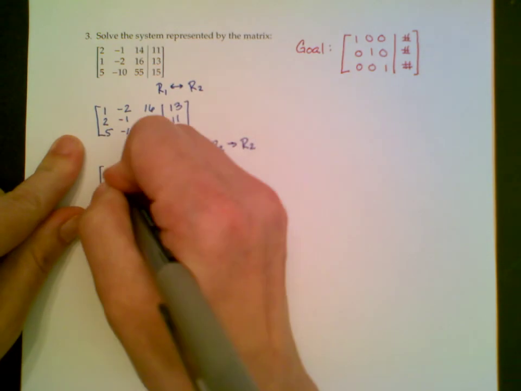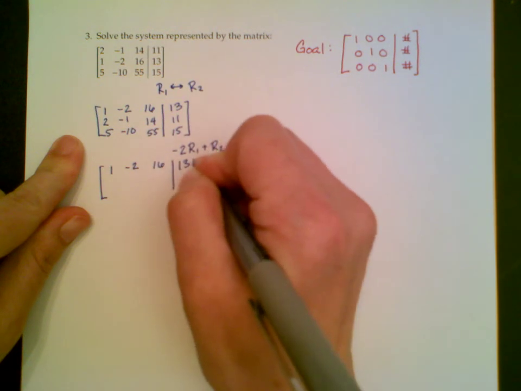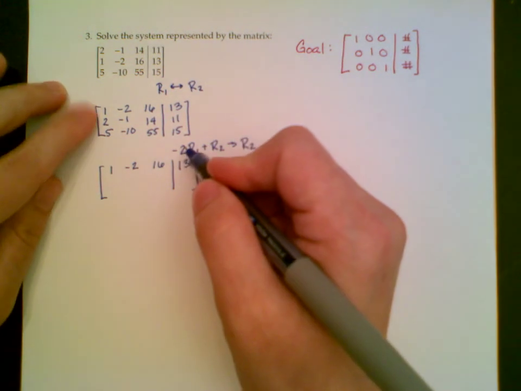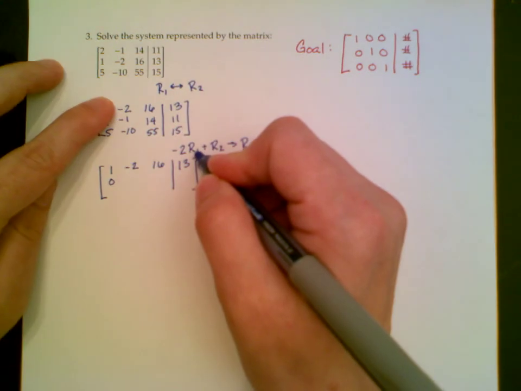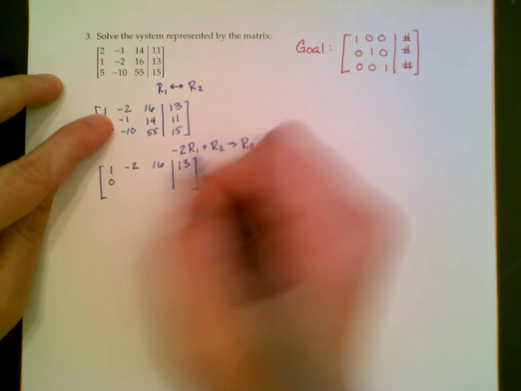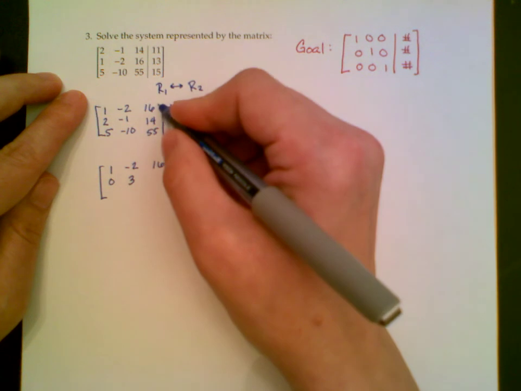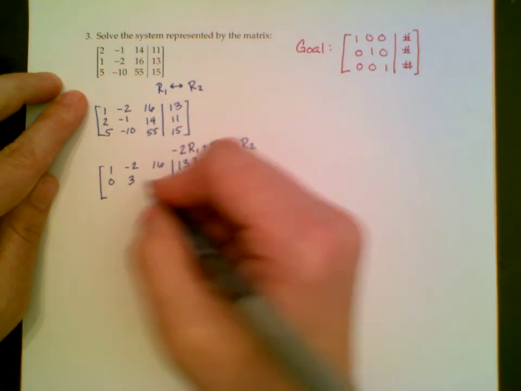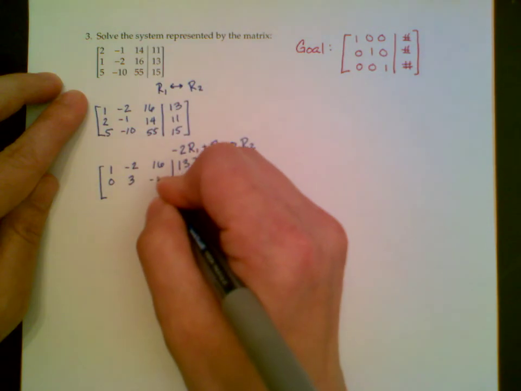All right, so now recopying row 1 since that's not changing. Then -2 times 1 is -2, plus 2 is 0. -2 times -2 is +4, plus -1 is 3. -2 times 16 is -32, plus 14 is going to be -18.